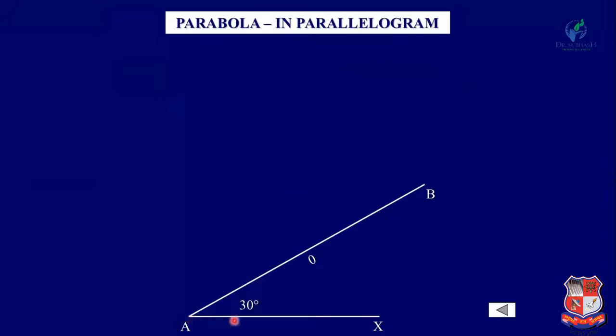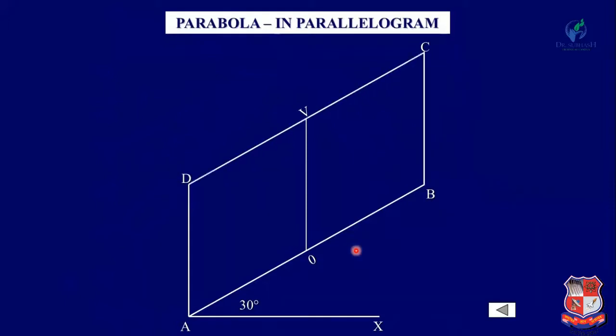So first of all draw a horizontal line AX, and from that draw another line which is inclined at 30 degrees with this horizontal, and this AB as per the given value. Now from this O draw a vertical line as per the height of this parabola and get the vertex V. Now complete the parallelogram A, B, C and D.